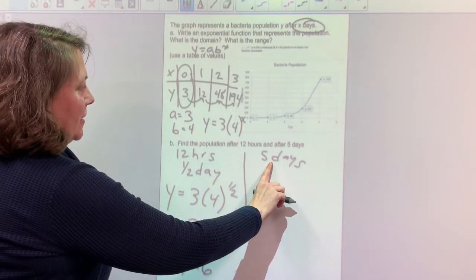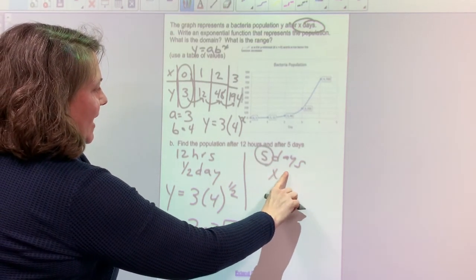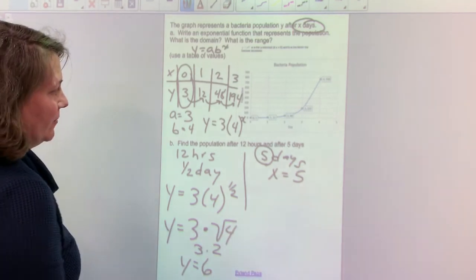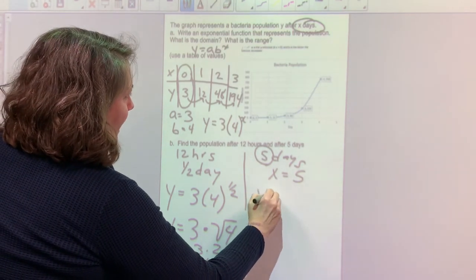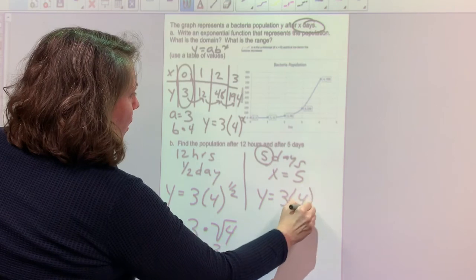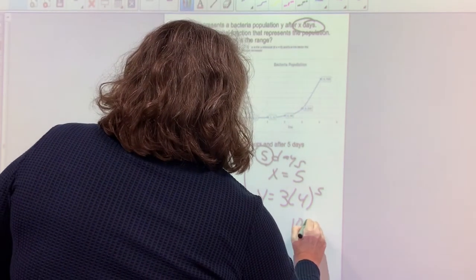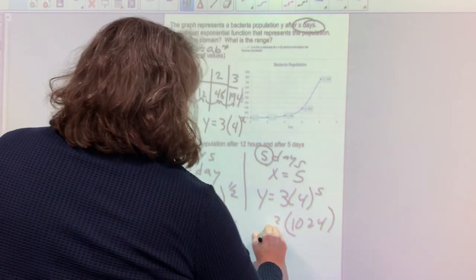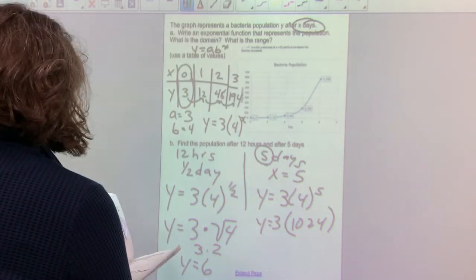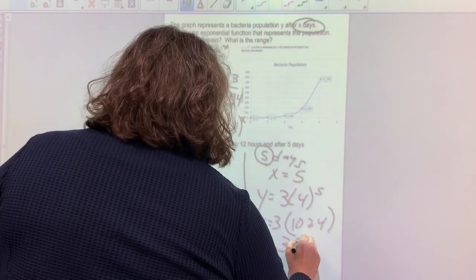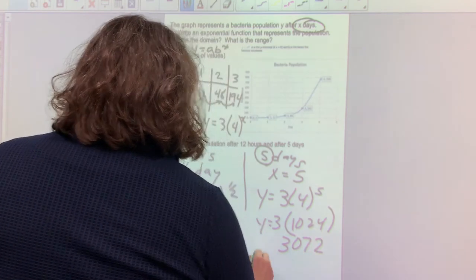After 5 days, so 5 is going to be x, because x is the number of days. So substitute it in. y equals 3 times 4 to the 5th power. 4 to the 5th power, I have no idea what it is. I don't have my calculator with me. There we go. 4 to the 5th power, 1024. 1024 times 3 is 3072.